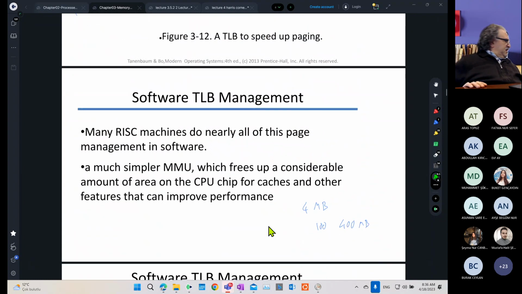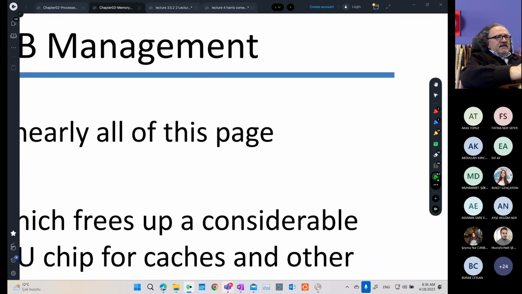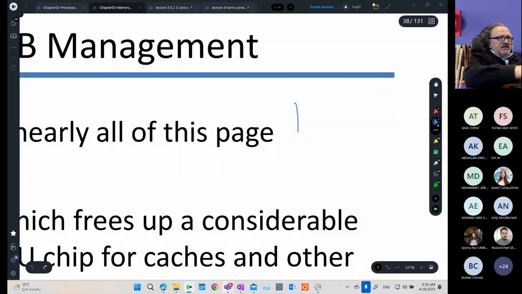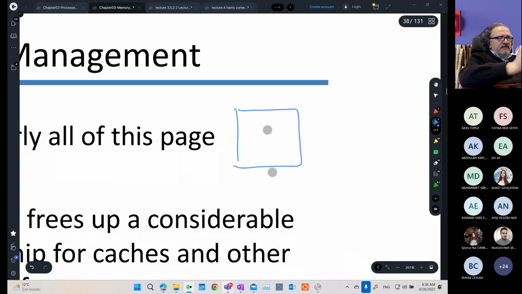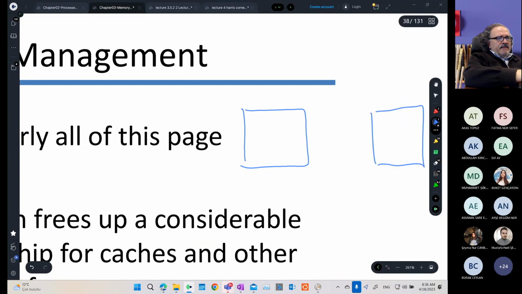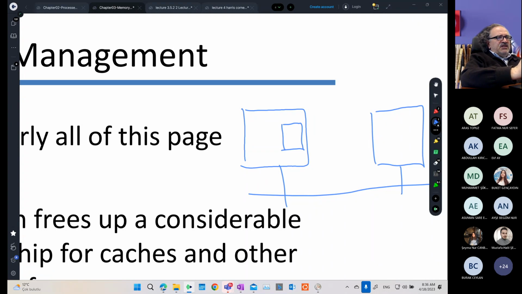Question for you, maybe. If this is my CPU and this is my memory, I know that in my CPU there is a level 1 cache, level 2 cache, and level 3 cache.